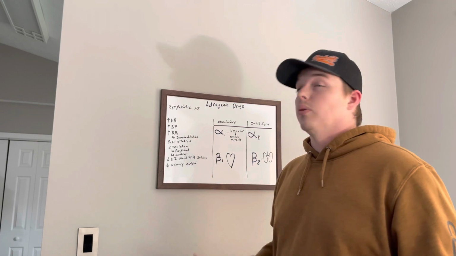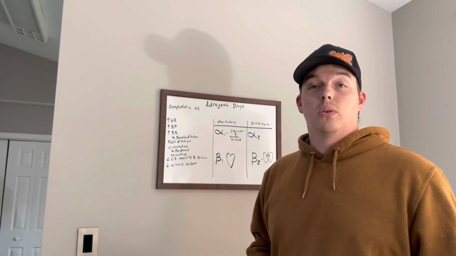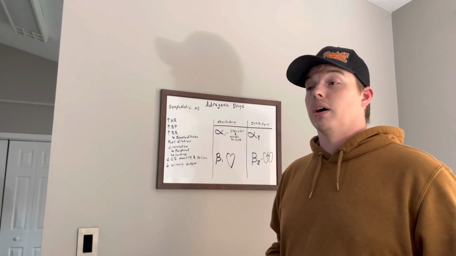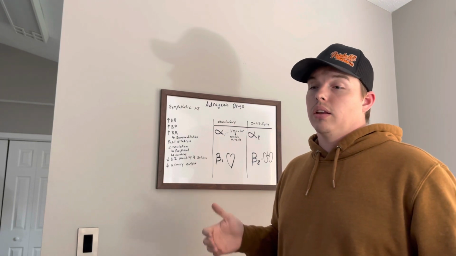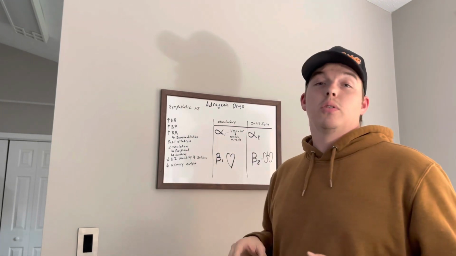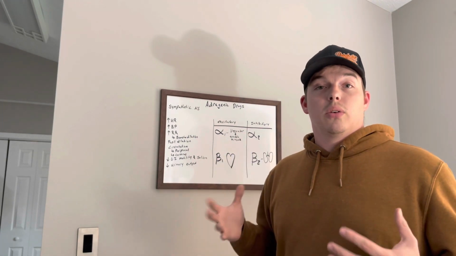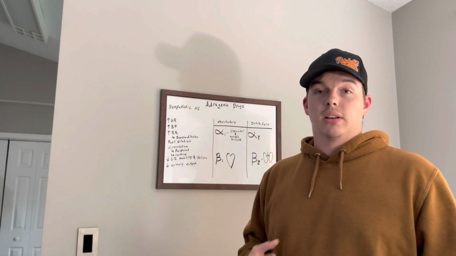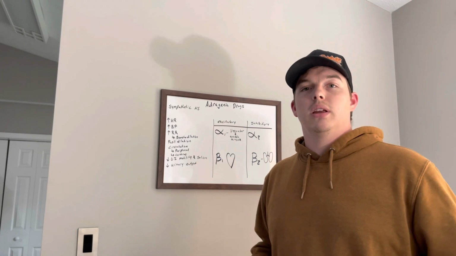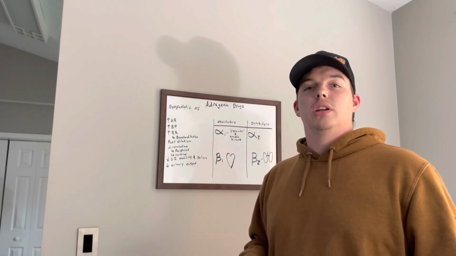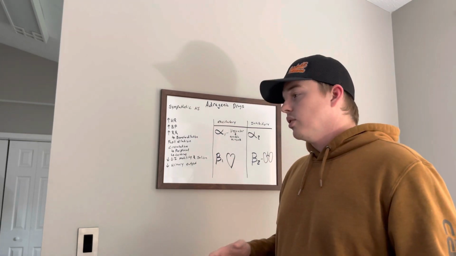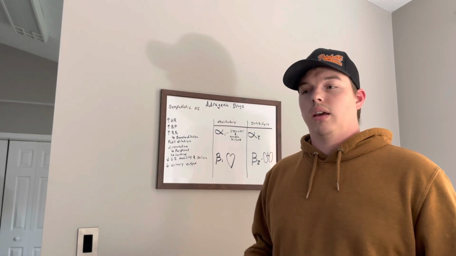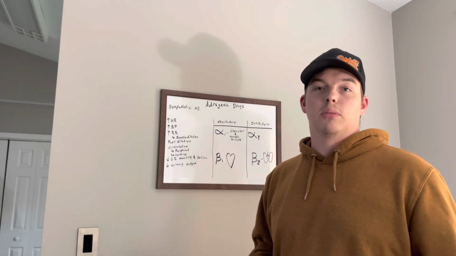A couple things are going to be decreased when you are dealing with the sympathetic response. The big ones are going to be your GI motility. So your gut isn't going to push things through and work on digesting at that very moment, because it's got to devote its energy to other things. So you're going to notice an inhibition of things like peristalsis.